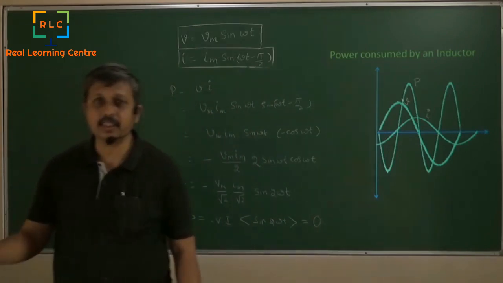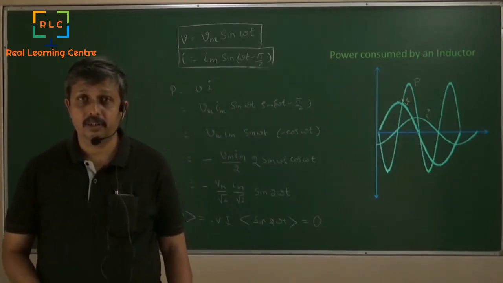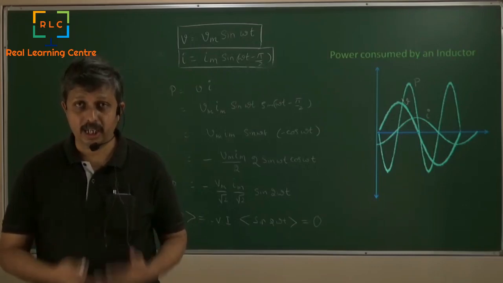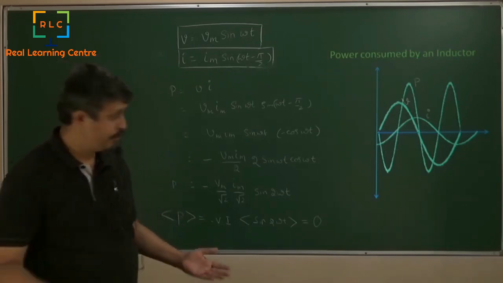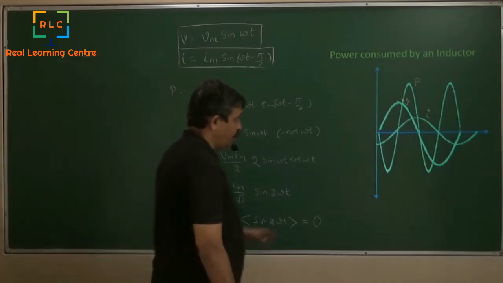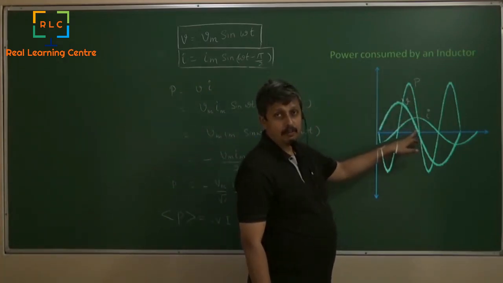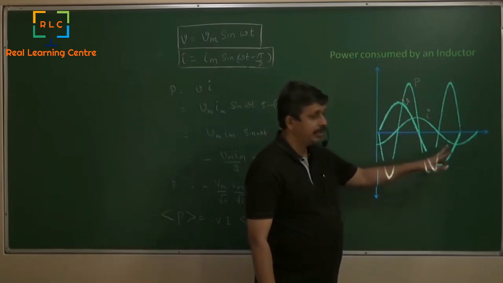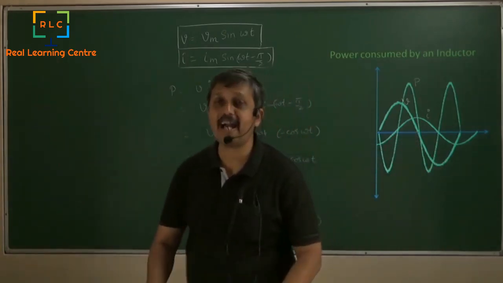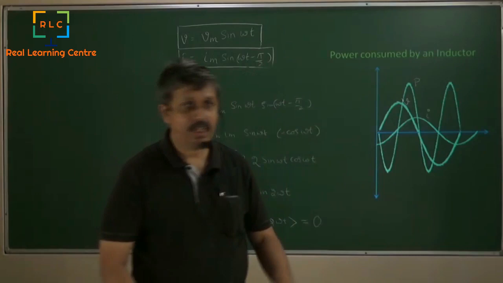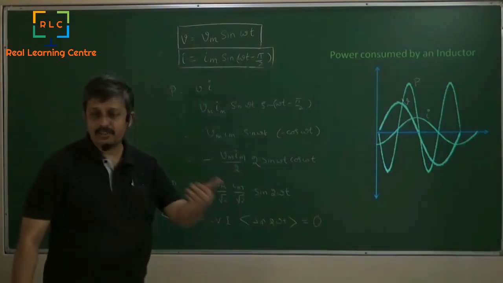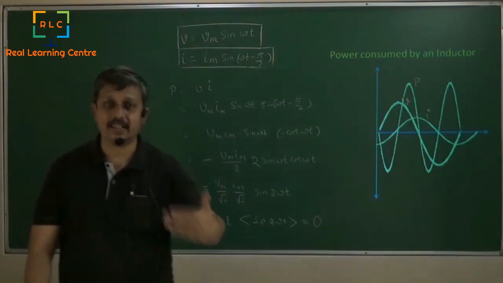A pure inductor never consumes power on an average. You can very clearly see here, during this time it consumes power, and during the negative part, it supplies the power back to the source. Whatever amount it has taken, the same amount it will supply back.